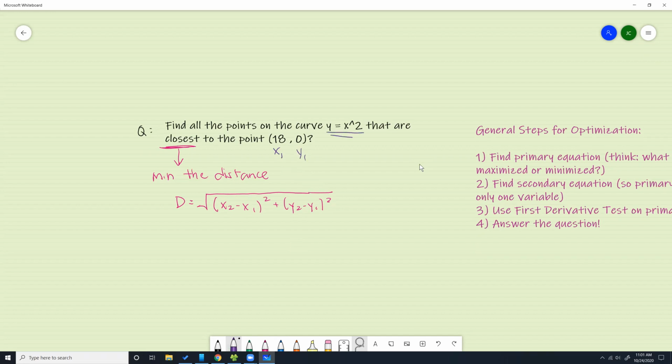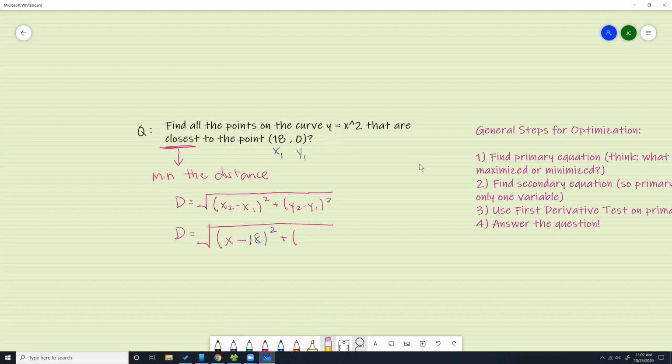And they give you already a secondary equation. That's step 2. That's already given. So we'll say this is y sub 1 then, and we'll plug everything in, see what happens. So x2, we don't know. I'm going to call it x, leave it as x. But x1 will be 18 plus y2.